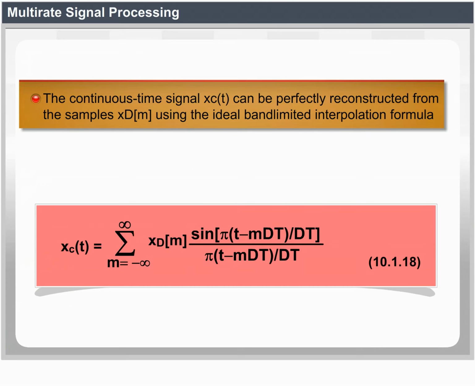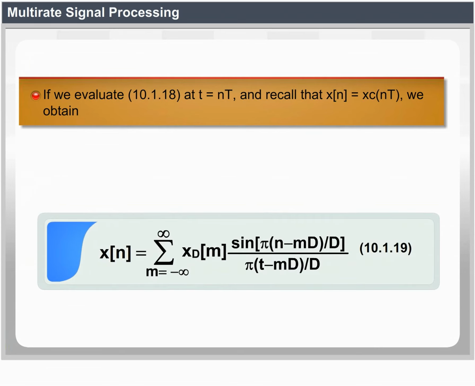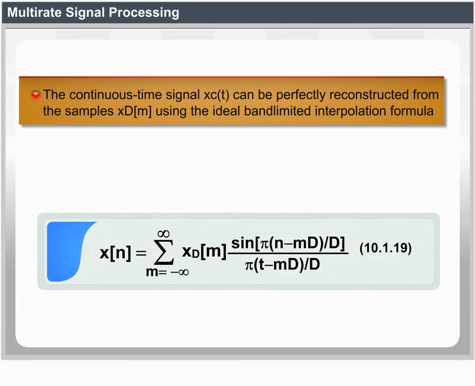If we evaluate 10.1.18 at t equal to nT and recall that x(n) equal to x_c(nT), we obtain x(n) equal to the summation m equal to minus infinity to plus infinity of x_d(m) times sin(π(n minus md)/d) divided by π(n minus md)/d, called equation number 10.1.19, which provides perfect reconstruction of x(n) directly from x_d(m).